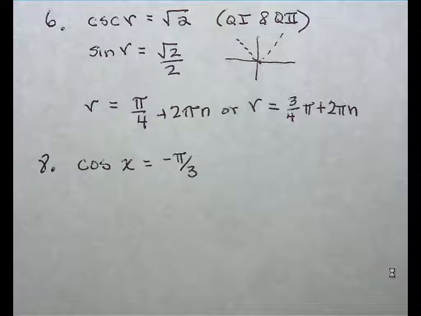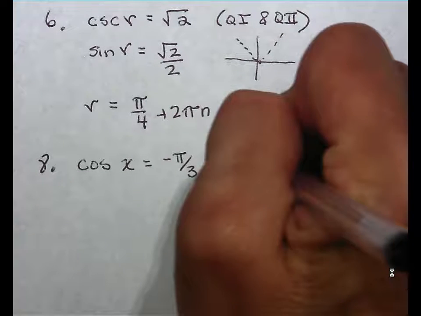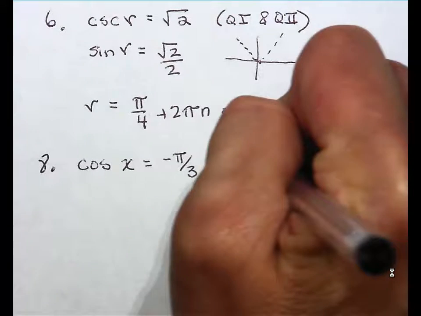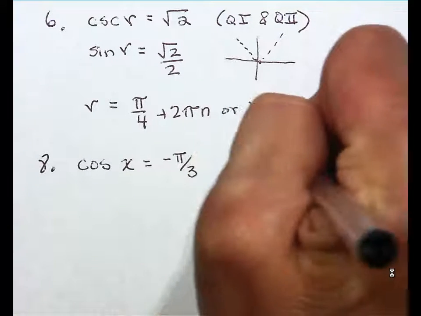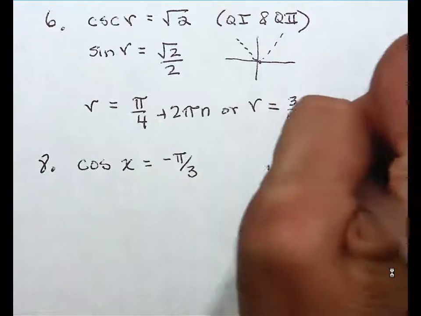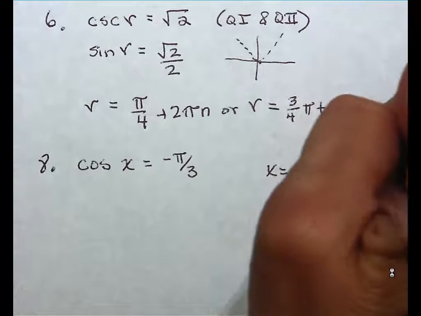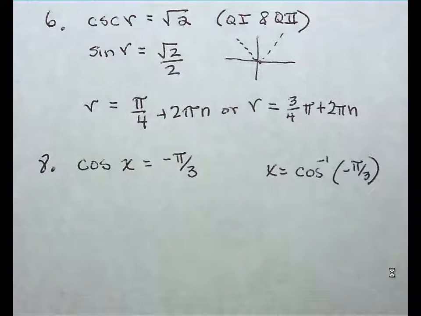Domain? Oh, you got a 1. Hold on, Terry. You said x equals inverse cosine of negative pi over 3 and got 1? No, it's not 1 over cosine, it's inverse cosine. You just found secant of negative pi over 3.